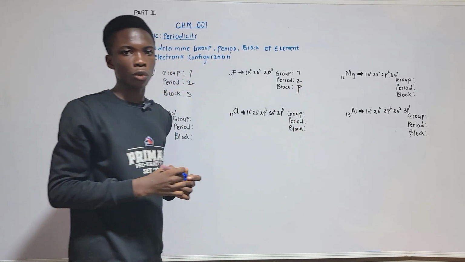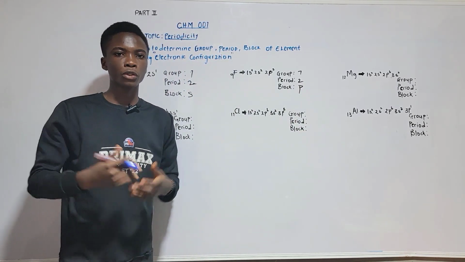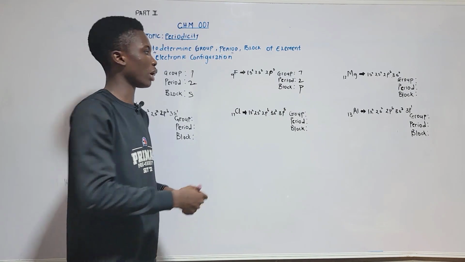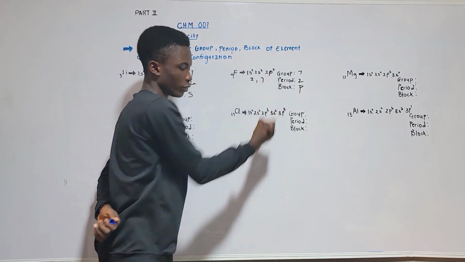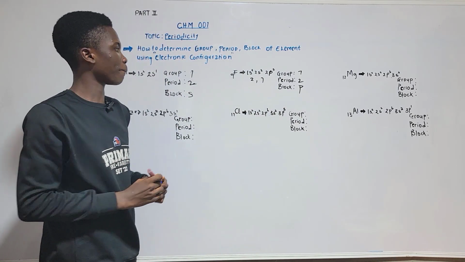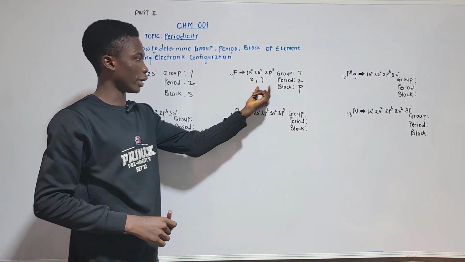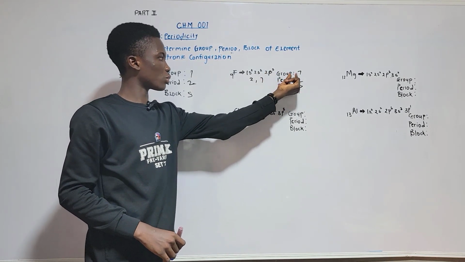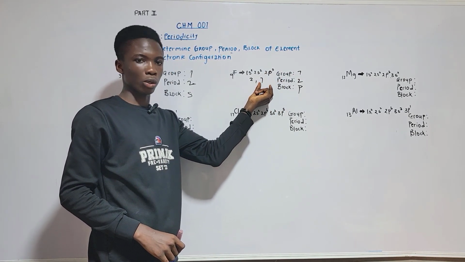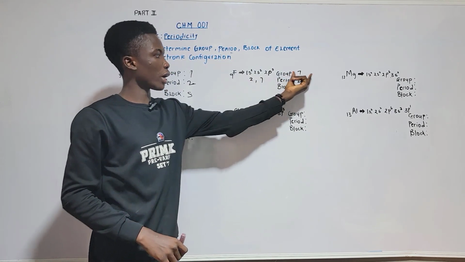Now, you can also use the old form of the electronic configuration. For fluorine, the old form of electronic configuration will be 2, 7. That's the old form. Here we have 2 electrons and 7 electrons, and the last number represents the last shell. So that's the group to which fluorine belongs, group 7.